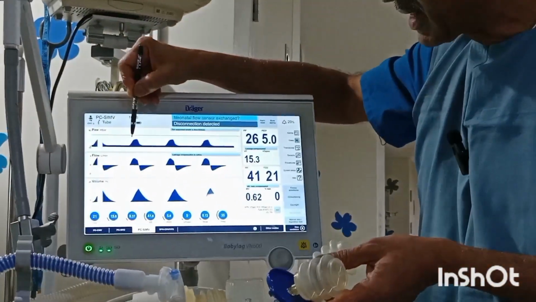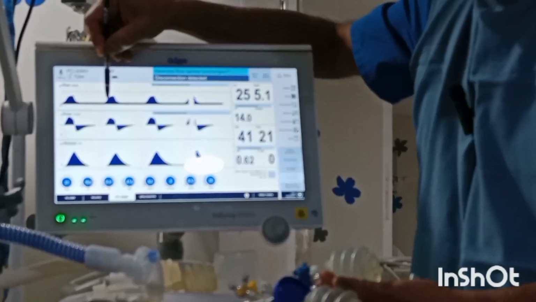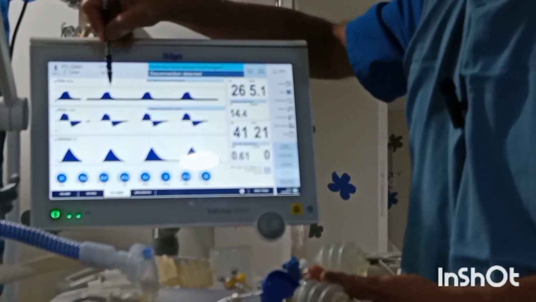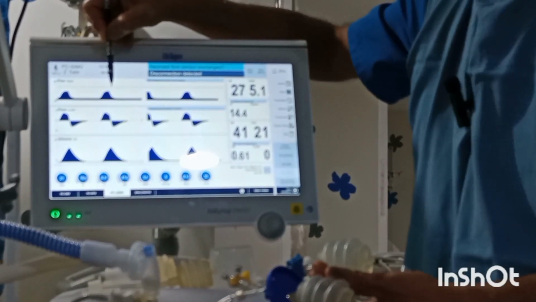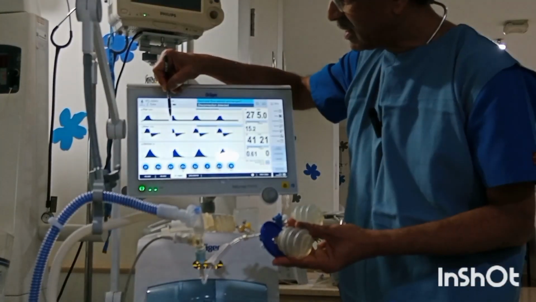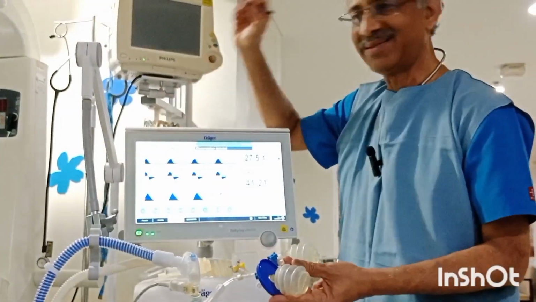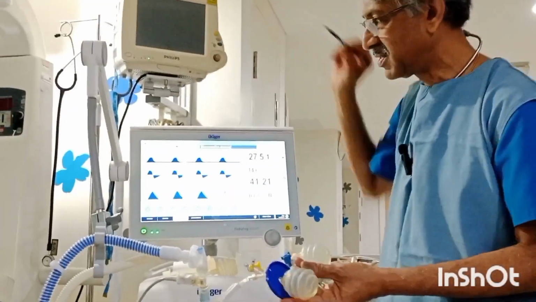So this is a mechanically ventilated baby, where you get the trigger, this is the limit. Where is the cycle? The cycle is here, where it is ending. So the ending of inspiration is the cycle. Trigger, limit, cycle. This is what exactly you see.